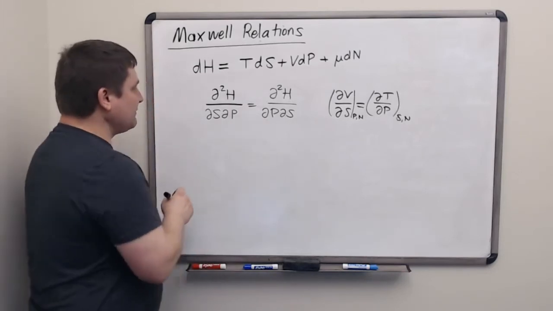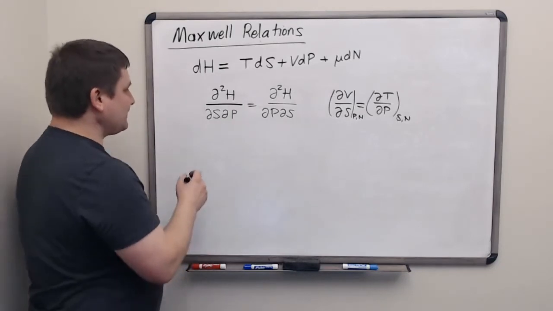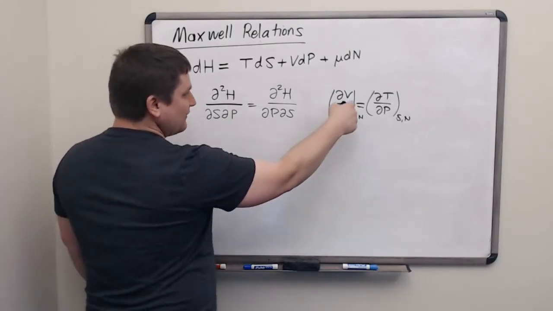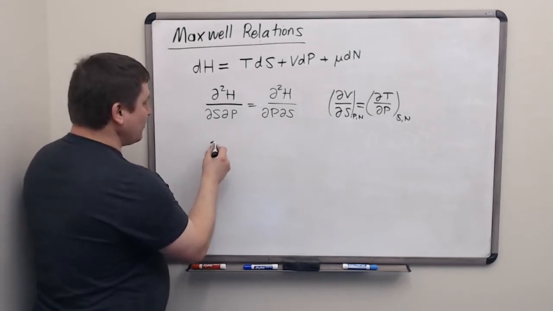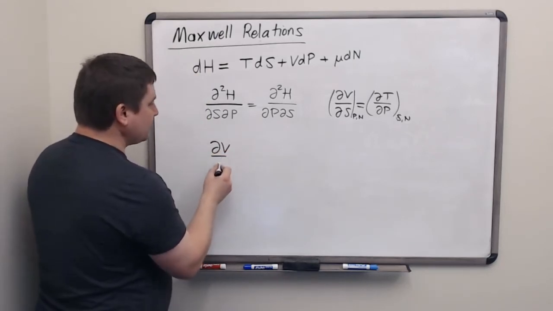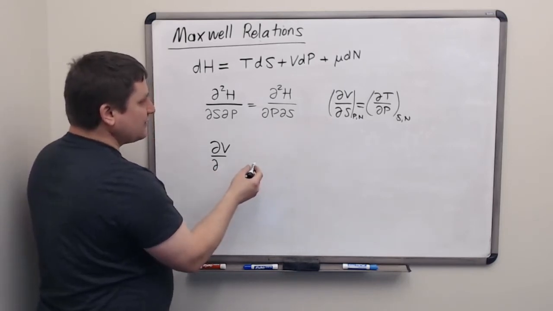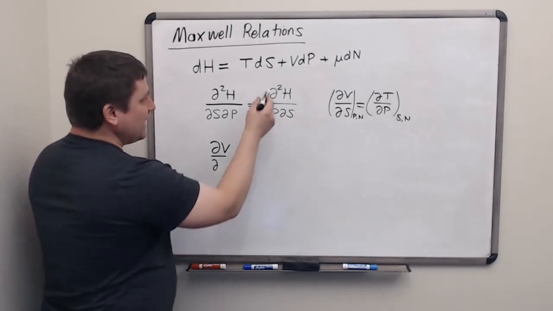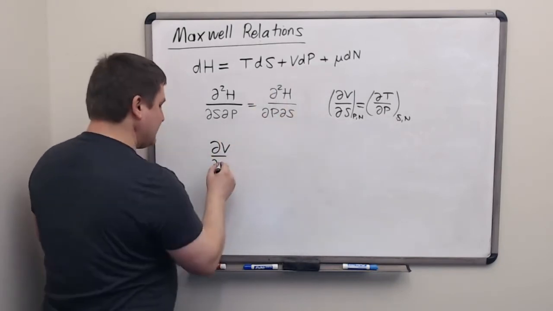But we can also do it a little bit quicker by just looking at what the natural variables are and what their conjugates are. So here we have volume over entropy. I expect one more relationship that involves volume, not dV dS, that one was taken already. Not dV dP, because that is a pure second derivative, but dV dN.